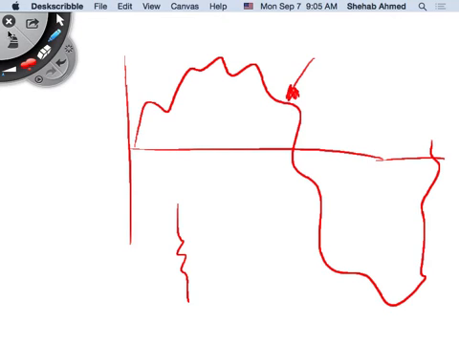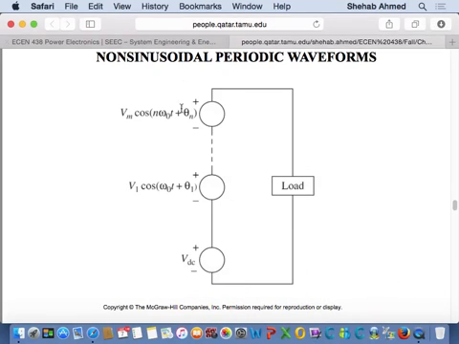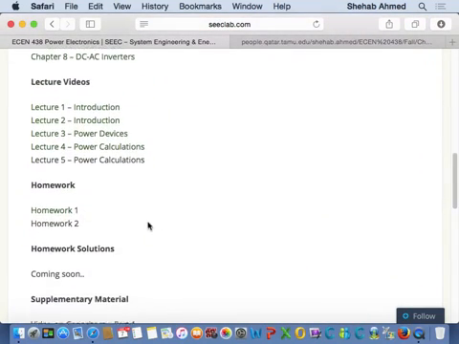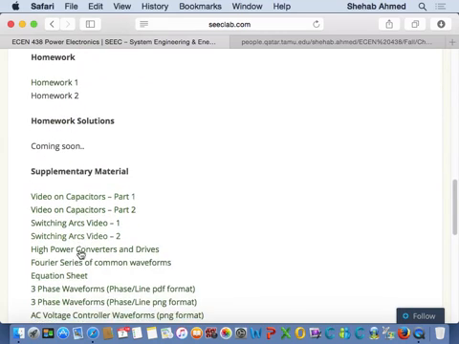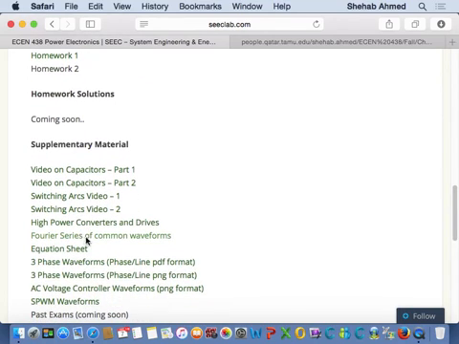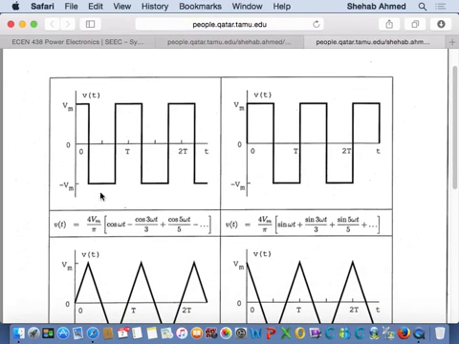And then from the Fourier series results, you will know what? For example, if this is the waveform that you're applying, the Fourier series for this waveform v of t is v maximum over pi cosine omega t, cosine 3 omega t over 3.